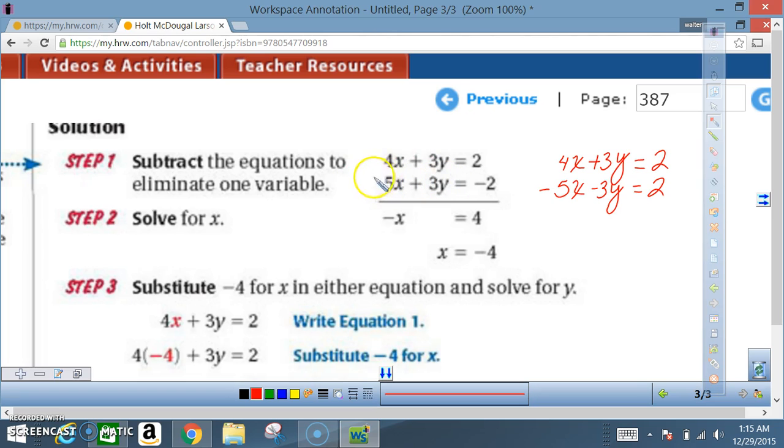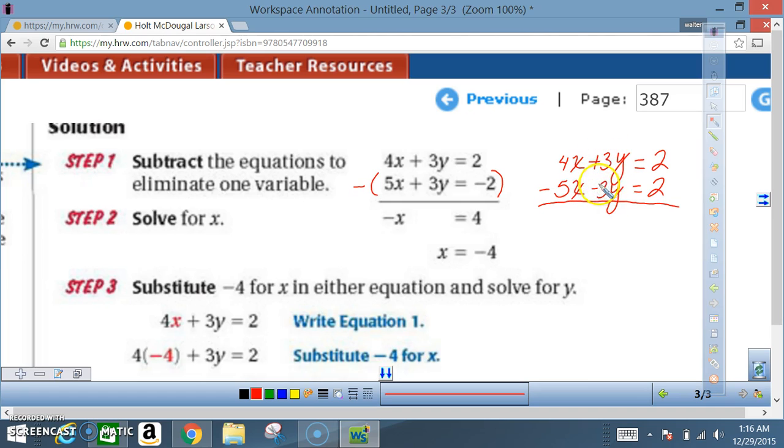When I subtract, that means I'm going to be using a negative sign, or the distributive property, all the way through. So everything in here becomes its opposite. So 5x becomes a negative 5x. 3y becomes a negative 3y. A negative 2 becomes a positive 2. Notice when I do that, now my y's can be eliminated.